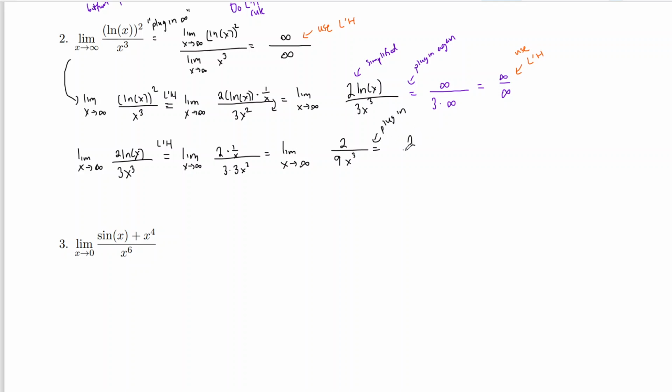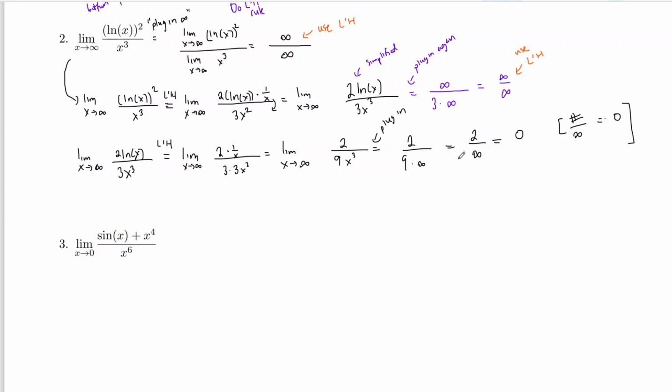And we get 2 over 9 times the limit as x goes to infinity of x cubed, which is infinity. So this is really 2 on the top and infinity on the bottom. And hopefully the thing you remember is that a number over infinity is not an indeterminate form, this is 0. So just a reminder, a number over infinity equals 0.